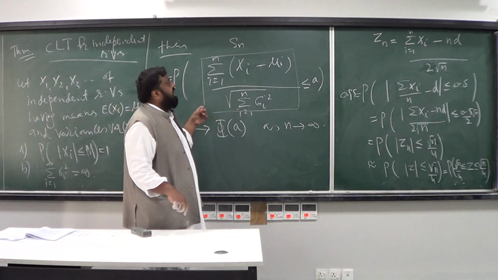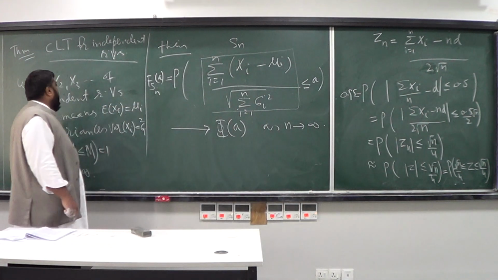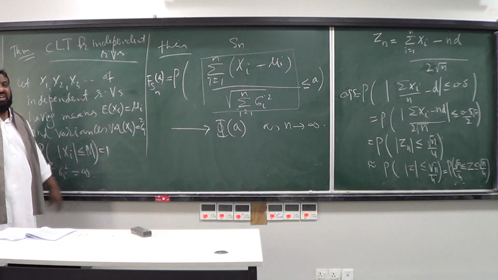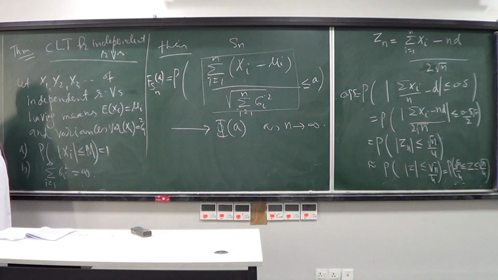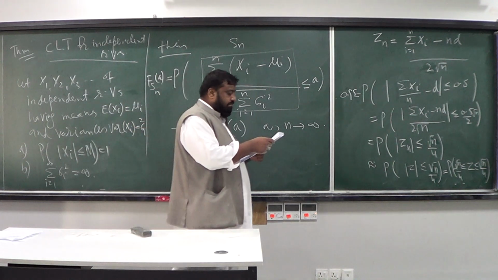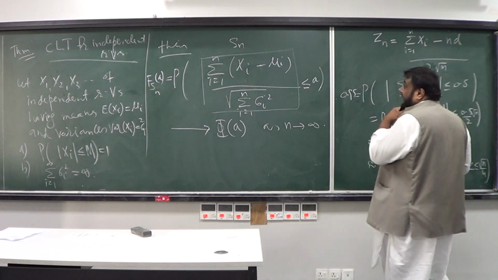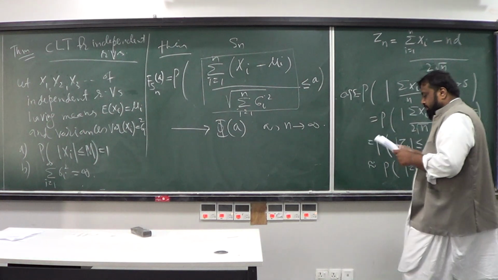There is no longer any restriction that the random variables be identically distributed. So the central limit theorem is also true for general independent random variables, provided they satisfy these two conditions. This is the generalized version, the CLT for independent random variables.